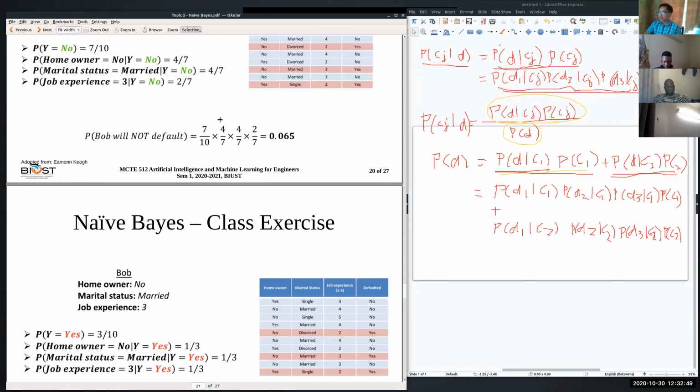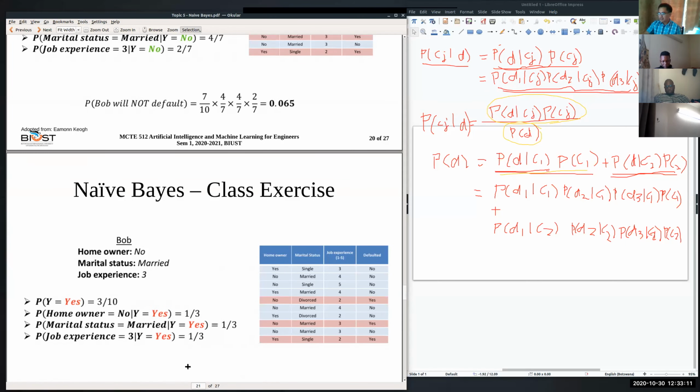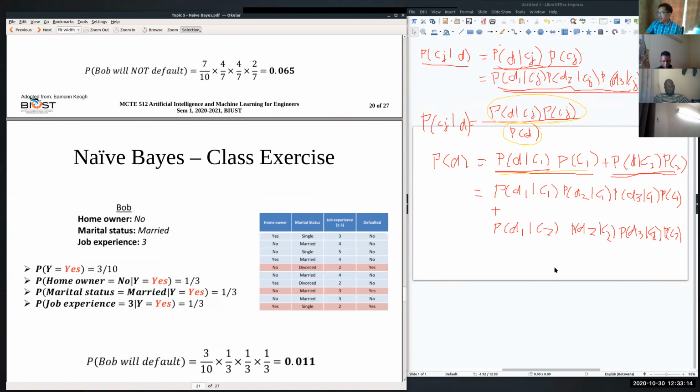So these are all D1, D2, D3, given that no, he will not default, multiplied by the probability that he will not default. And then here is the same case, D1, D2, D3, but now it is a yes. And this value and this value are added, but it does not equal 1.